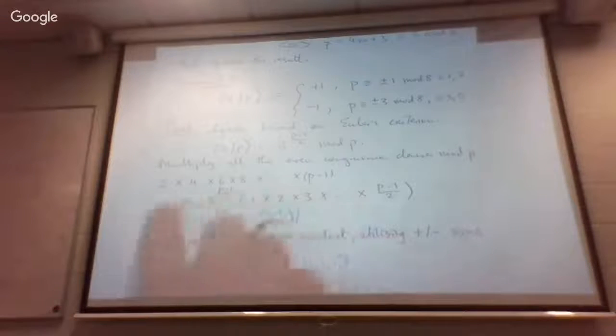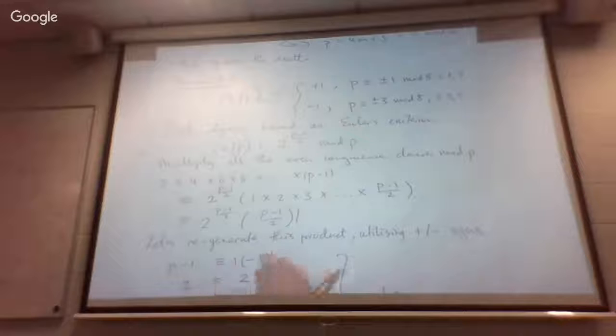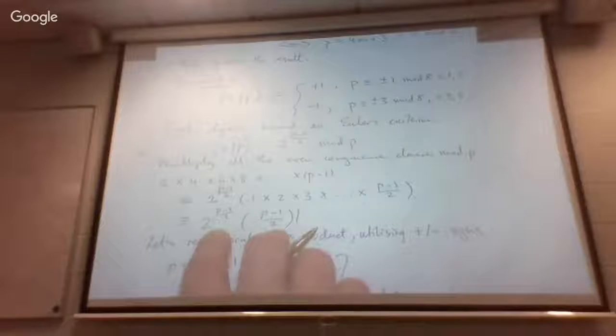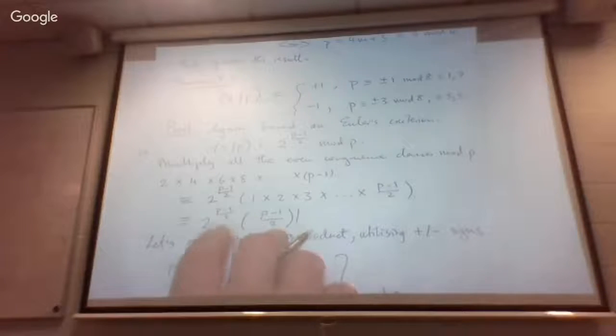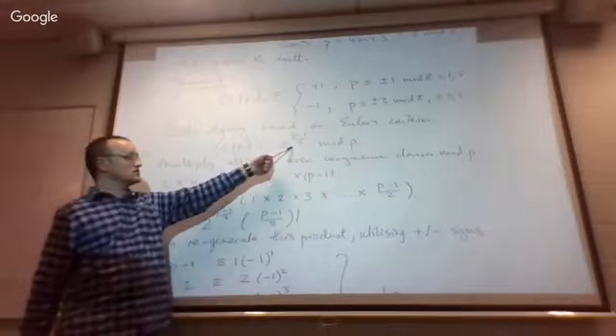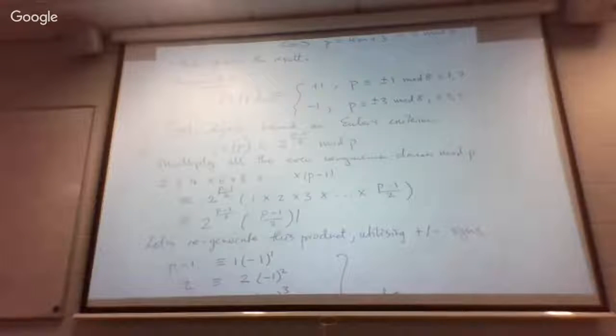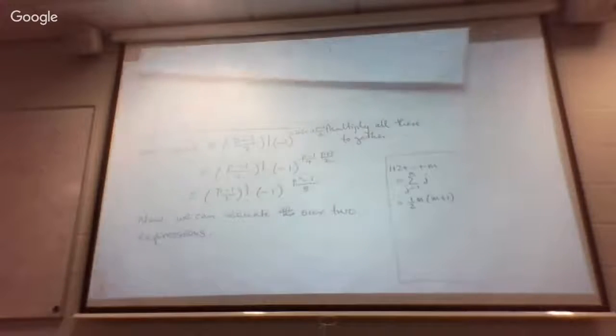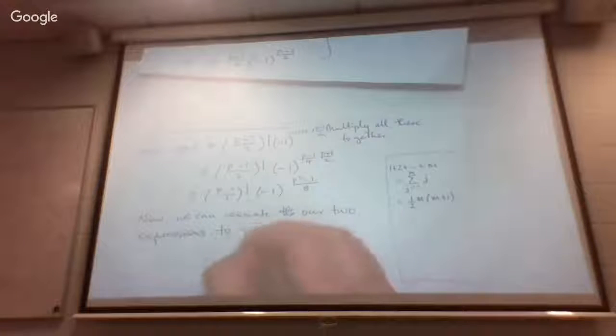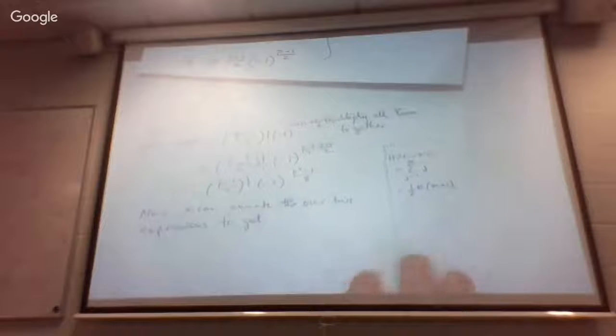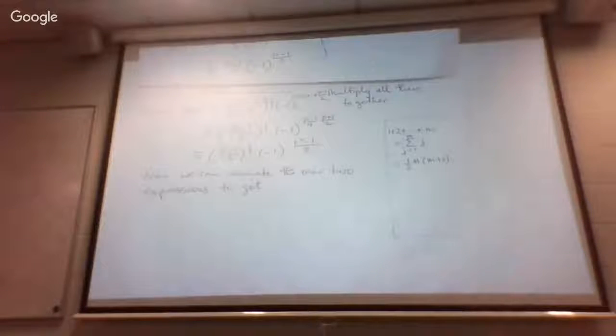The other one: we multiplied together the same set of numbers, all the even congruence classes. We got the same factorial, and we got the power of 2, which features in Euler's criterion. When I say equate these, I mean put them together in a congruence.